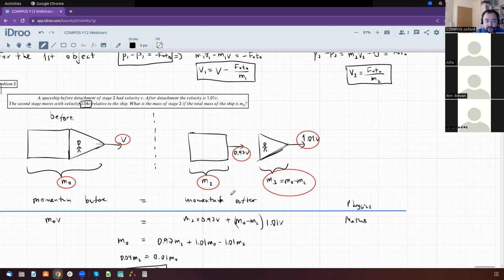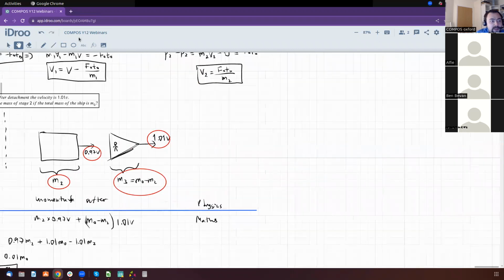If you're sitting in one of them, you see the other one moving at 0.04, which is not the same as your overall velocity. So for example, on a motorway, if you have two cars, one traveling at 60 and the other traveling at 70.